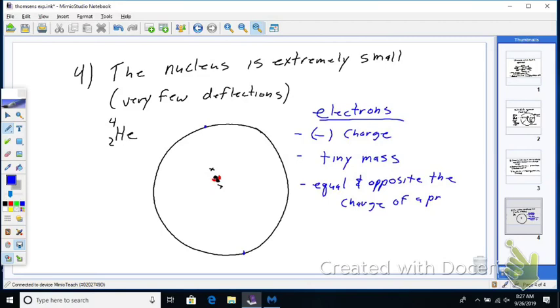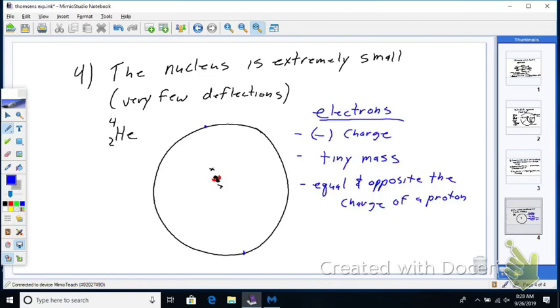So they're extremely small. They have little mass, but they're mighty in charge. They're opposite. They're equal. They're about 1/2000th the mass of a proton. So think of it. They have 1/2000th the mass of a proton, but they're equal and opposite charge.